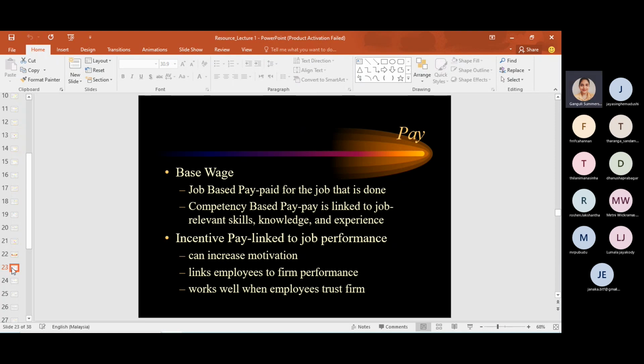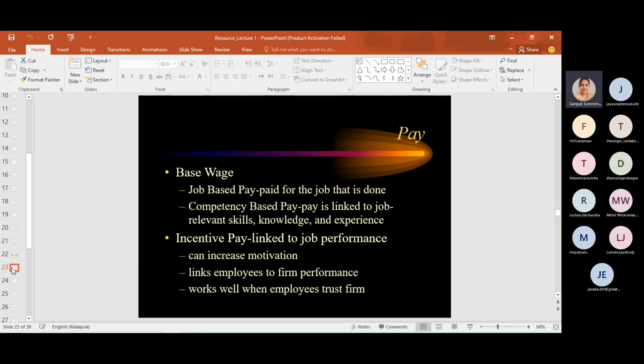Okay, and then in addition to your basic wage, there are incentives, right? Incentives are basically the bonuses and also the additions to your salary.